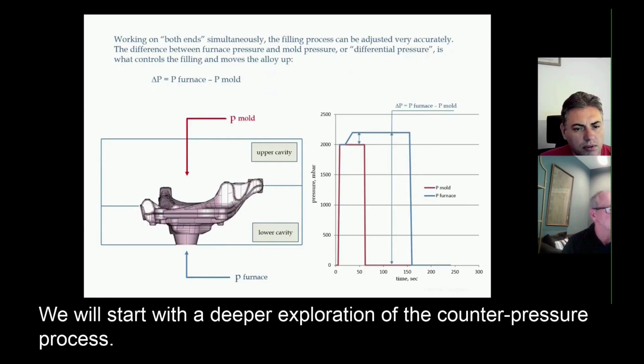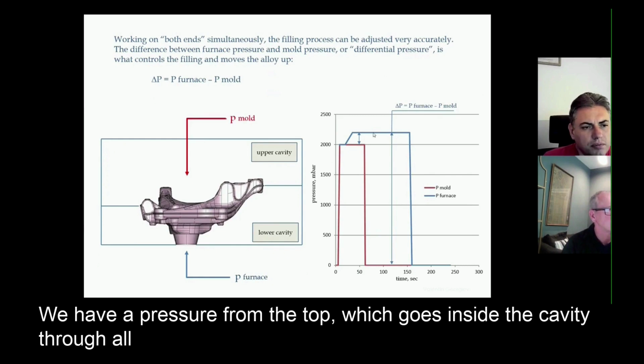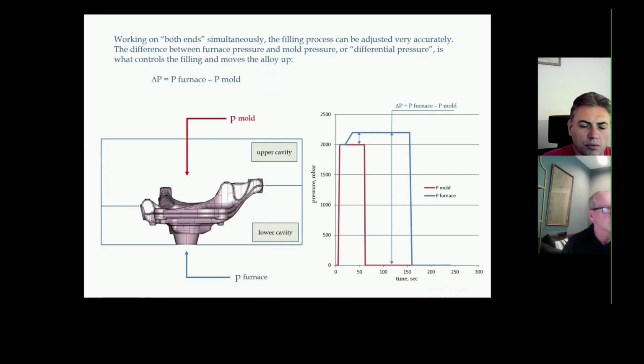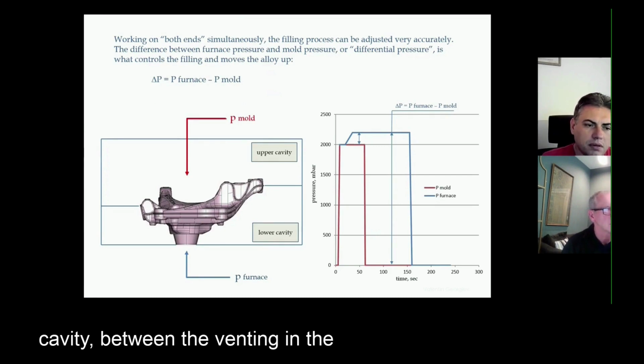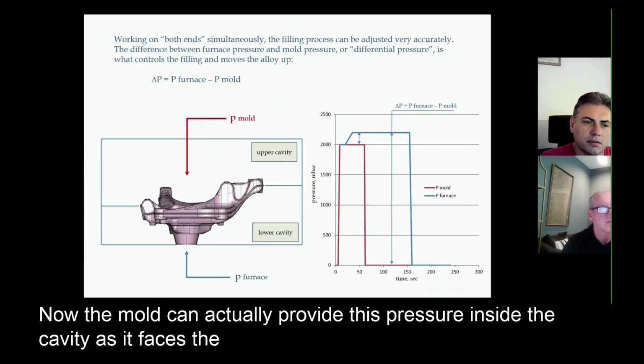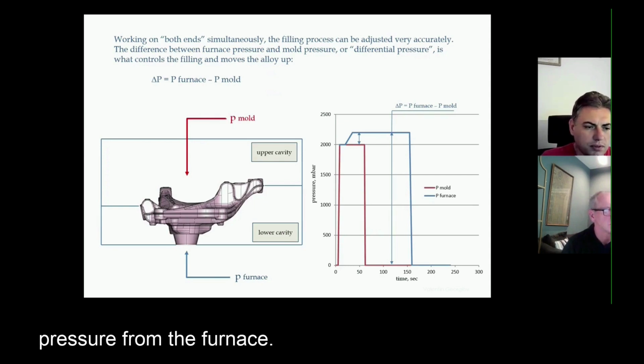We will start with a deeper explanation of the counter pressure process. We have a pressure from the top which goes inside the cavity through all the gaps that we have in the mold, between ejector pins and the upper cavity, between the vent pins, in the parting line, and every single split line in the mold can provide this pressure inside the cavity, and it faces the pressure from the bottom, from the furnace.